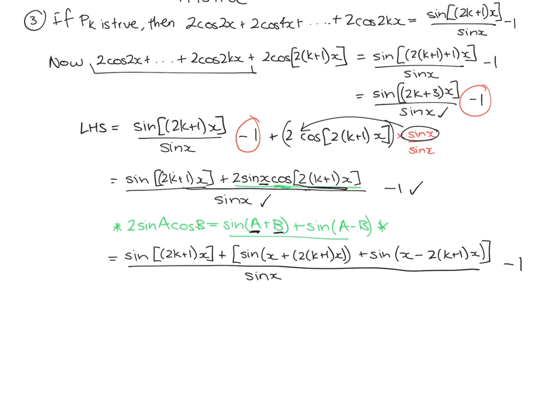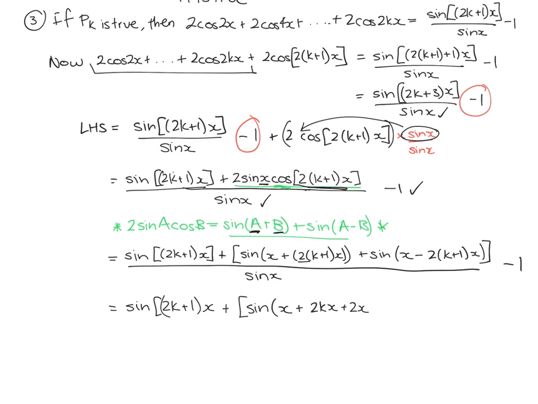So we're going to have sine (2k plus 1)x plus, now what's going to happen in here? We're going to have sine x plus, that's going to become 2kx plus 2x.